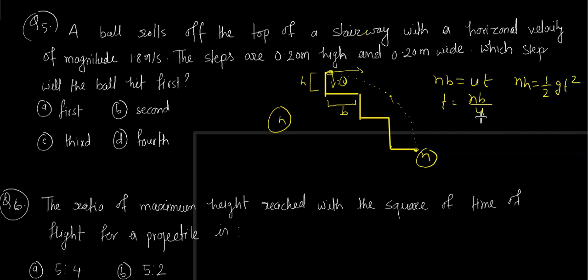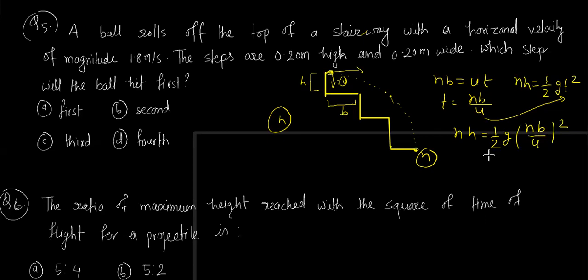On using this value, we find an expression nh equal to 1 by 2 g, times nb by u whole square.